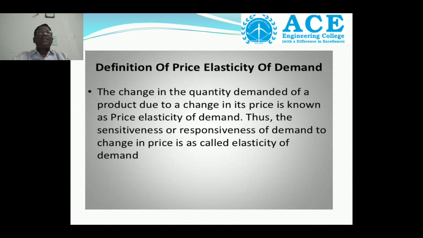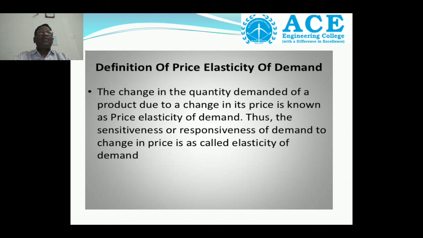So what variables are we taking? Only one variable, price. Price is the independent variable and demand is the dependent variable. On the basis of these two variables, the ratio of the percentage changes, we define the price elasticity of demand.